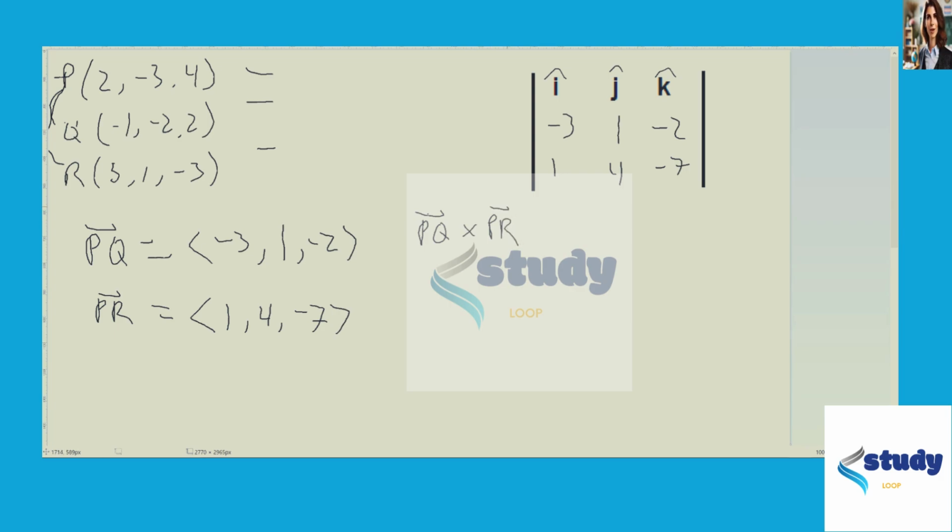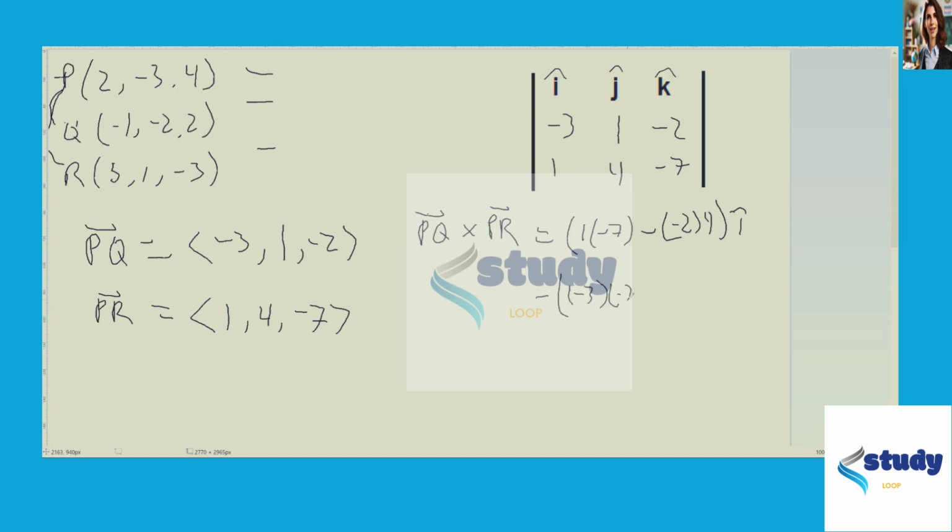Remember, to do this, we're going to ignore the first column of our matrix and look at 1 times -7 minus -2 times 4, all multiplied by i, minus, then we'll ignore the second column. We'll look at -3 times -7 minus -2 times 1.